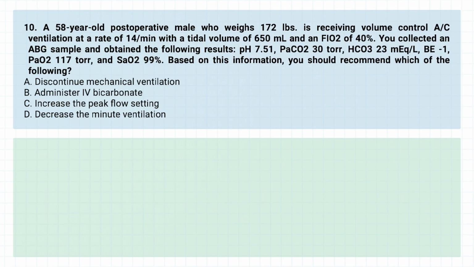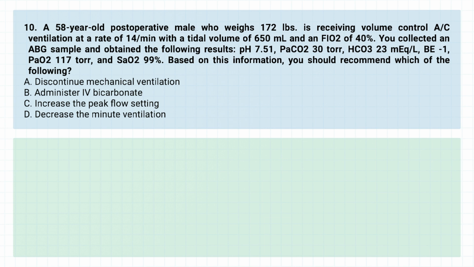Number 10. A 58-year-old post-operative male who weighs 172 pounds is receiving volume control, assist control ventilation at a rate of 14 breaths per minute with a tidal volume of 650 milliliters and an FiO₂ of 40%.